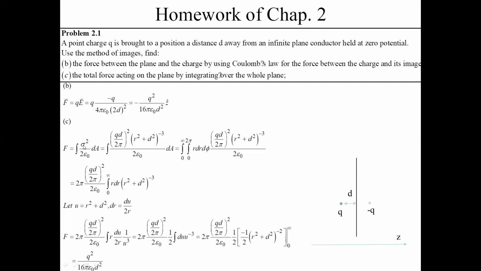Here we substitute the surface charge density as we calculated in problem A. Then we just do the integration in cylindrical coordinates. Then we can get the result as this term, which is the same as the result in problem B that we got using the image charge theory. Okay.